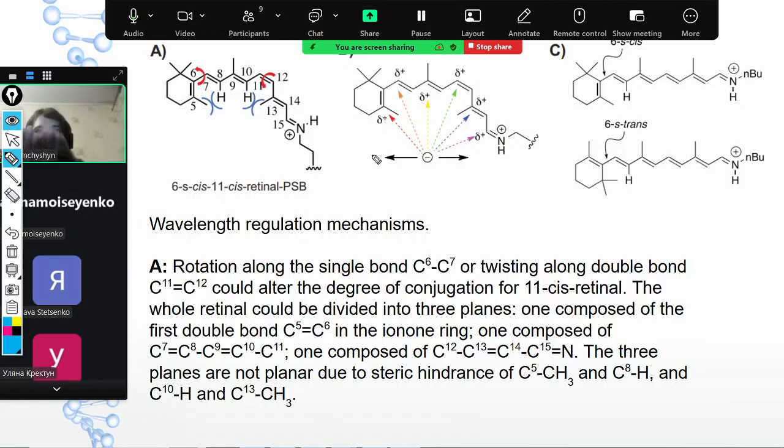If you somehow twist parts of the molecule, and you can do it because you have the protein all over the place, and different parts of the protein may just create some sort of steric hindrance and somehow distort this perfect planar shape of the molecule, that will change the degree of the conjugation, and that will of course influence the different energy levels in this molecule, which of course influences the wavelength of the light it should absorb to transform from 11-cis to all-trans. So that's one model.